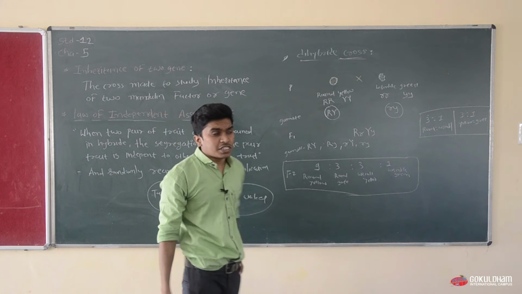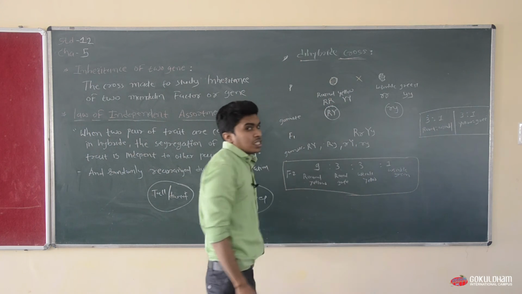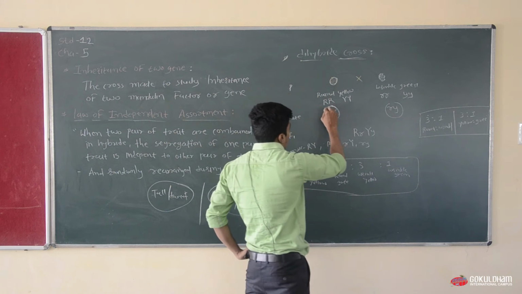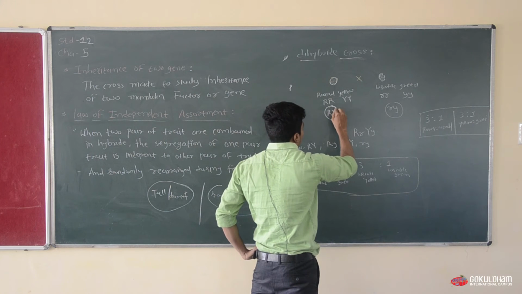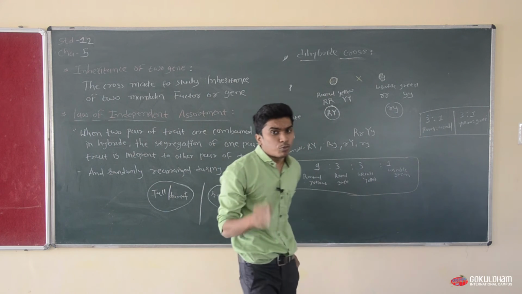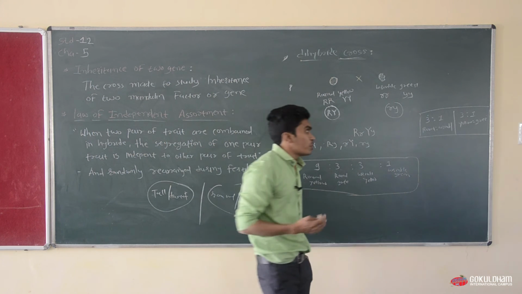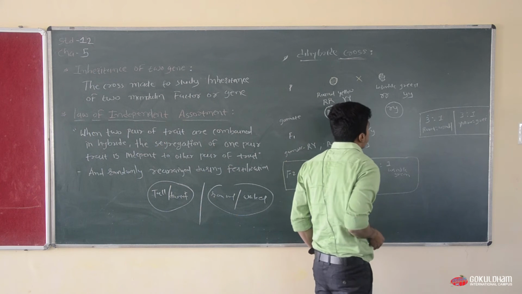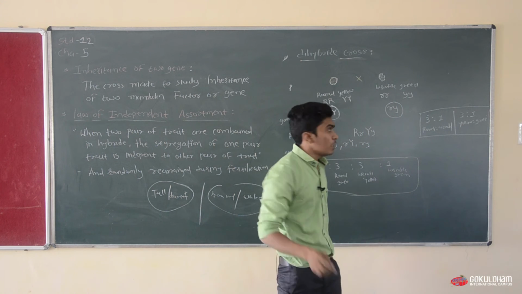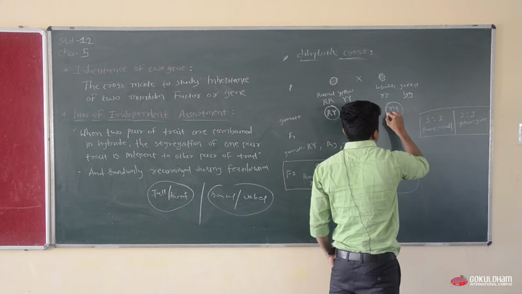During gamete formation, because it is in a homozygous condition, it will produce only one kind of gamete, with capital R and capital Y: one allele for round and one allele for yellow, both dominant in nature. On the other hand, in the female or other plant, one allele for the wrinkled trait and one allele for the green trait will come in a gamete.